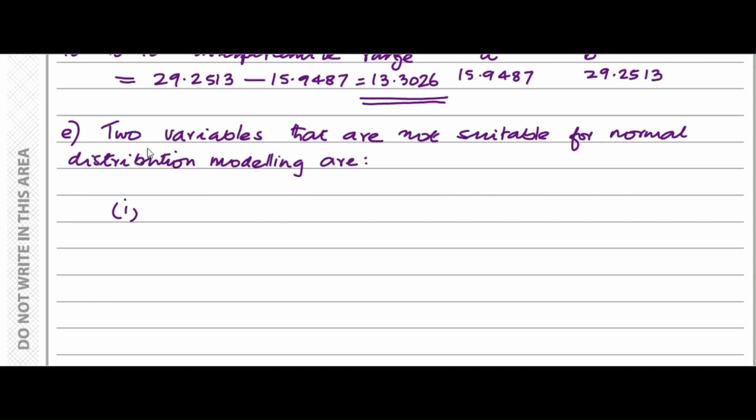So we can write the two variables that are not suitable for normal distribution modeling are: 1.